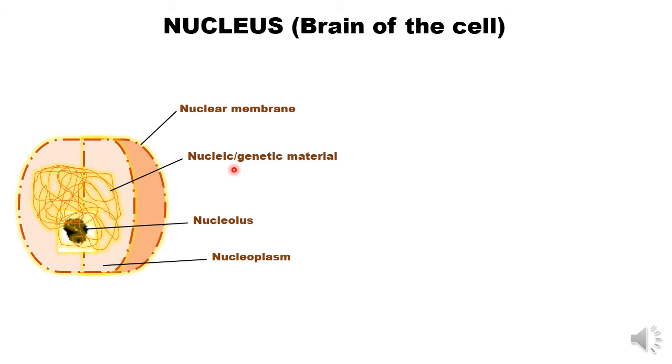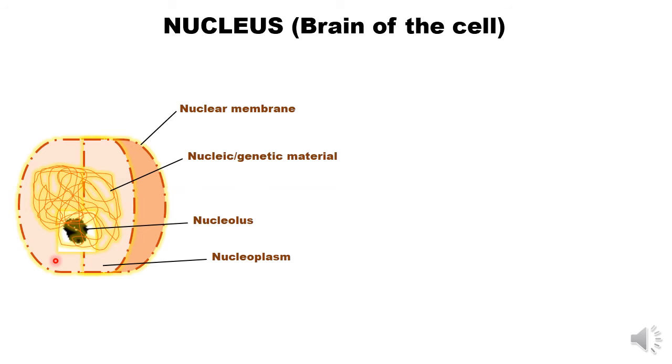So let us talk about a typical eukaryotic nucleus. A nucleus is a double membrane bound structure present in the cell, and it is a very prominent structure. It has two layers of membrane, and these layers have pores in them. What lies inside?